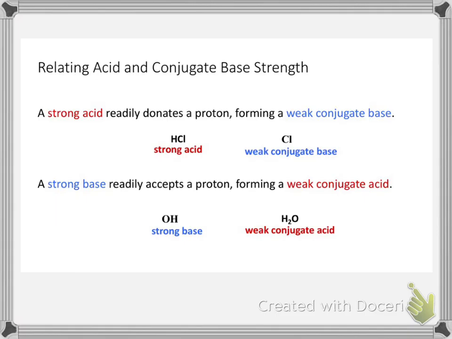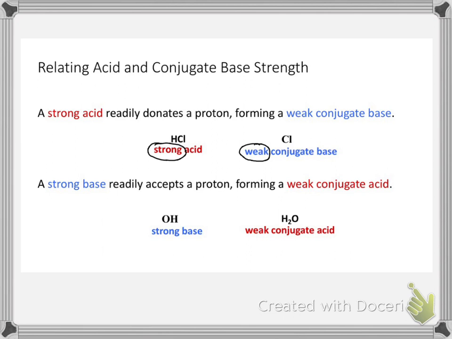So a strong acid, and HCl is an example, has a weak conjugate base. It's an inverse relationship, right? So the stronger the acid, the weaker the conjugate base. So the partner is always the opposite of where it started.